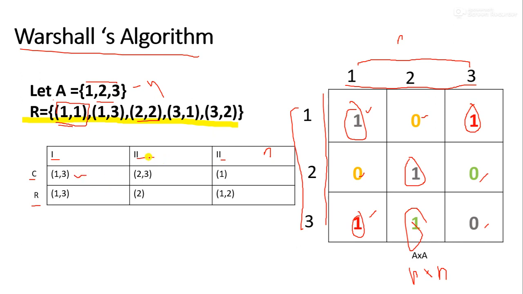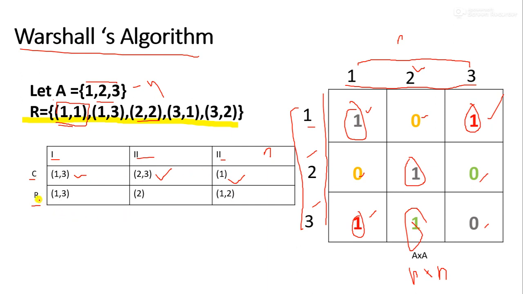In column 2 we have 1 on 2 and on 3, so we write 2 and 3 here. In our column 3 we have 1 only on cell 1, so we put 1 here. So this is for our columns.